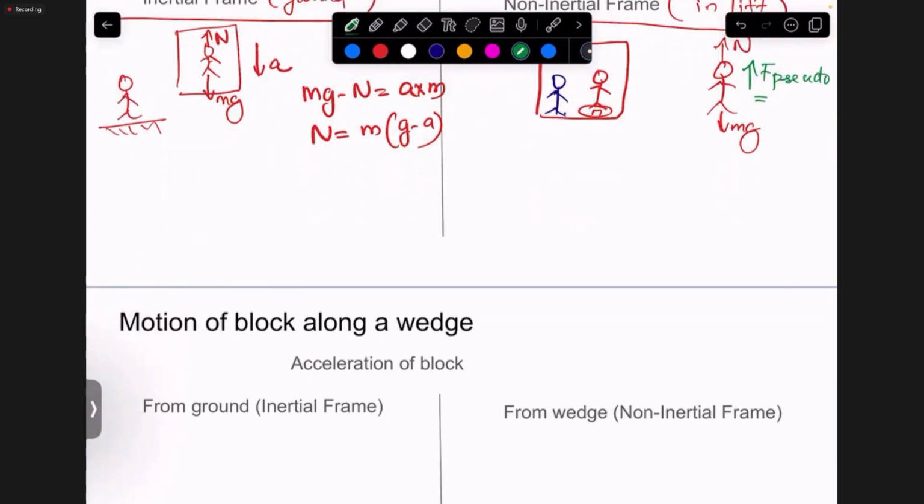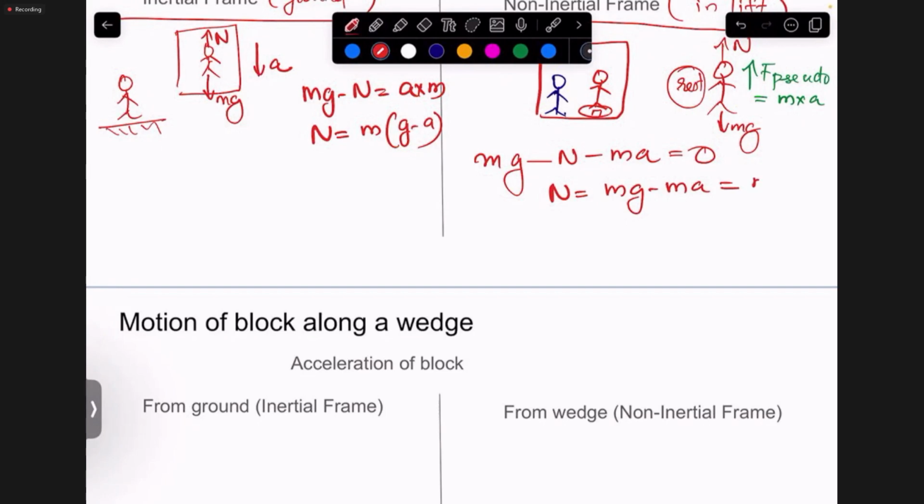So F pseudo equals m times a. So mg minus N minus ma equals 0, because for this observer, this person is at rest. Then N equals mg minus ma, equal to m times (g minus a).